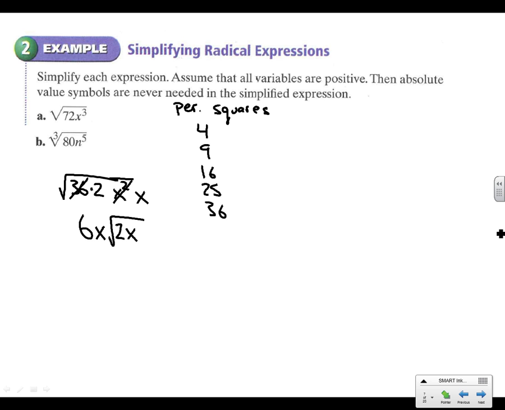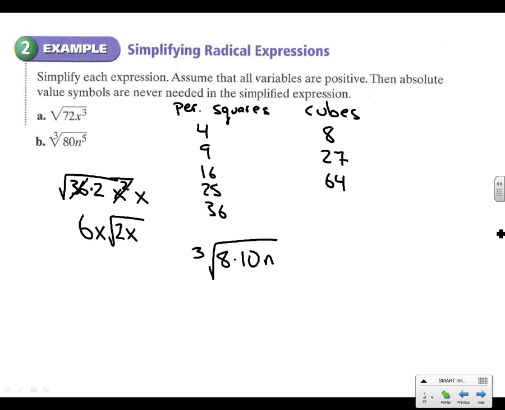Let's do b. Well, on this one, we need our perfect cubes. 2 cubed is 8, 3 cubed is 27, 4 cubed is 4 times 4 times 4, 64. And can we stop there? Yes, we can. Could have stopped after the first one, actually. Let's see here. The cube root of 80 is the same as 8 times 10. There's our perfect cube.